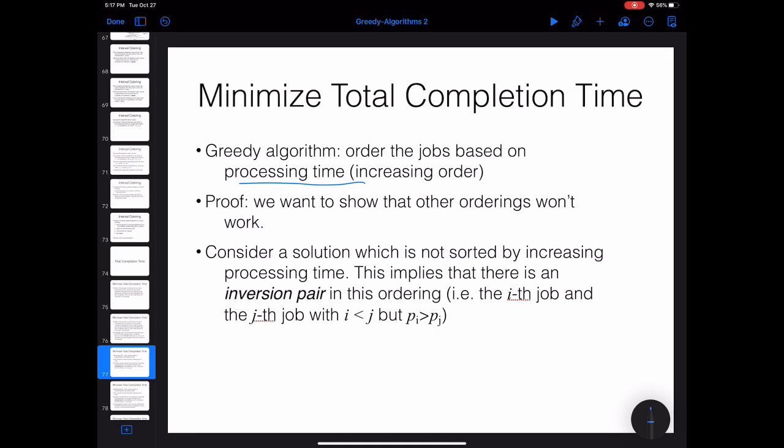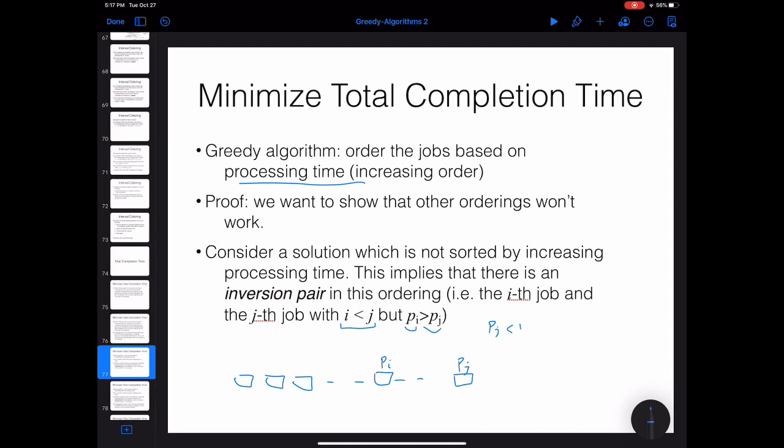So it means that there are two jobs in the optimal order, PI and PJ, where PI comes before PJ, with I less than J. You are doing PI before PJ, but the processing time PJ is less than PI.